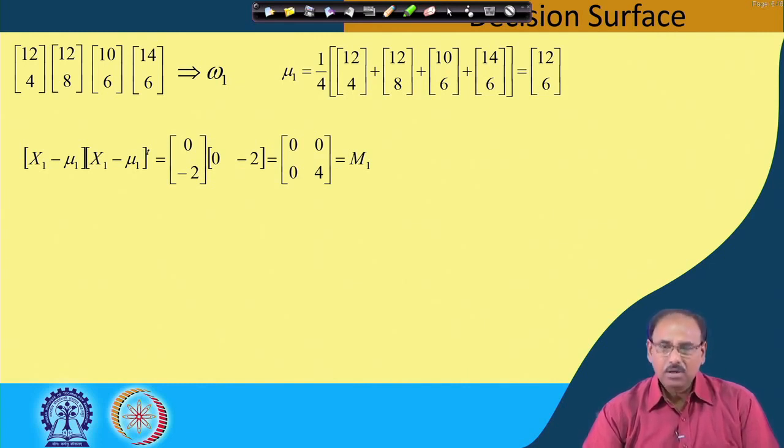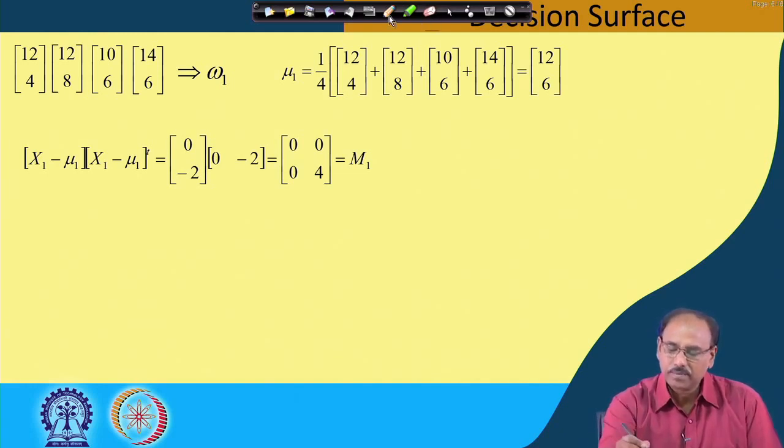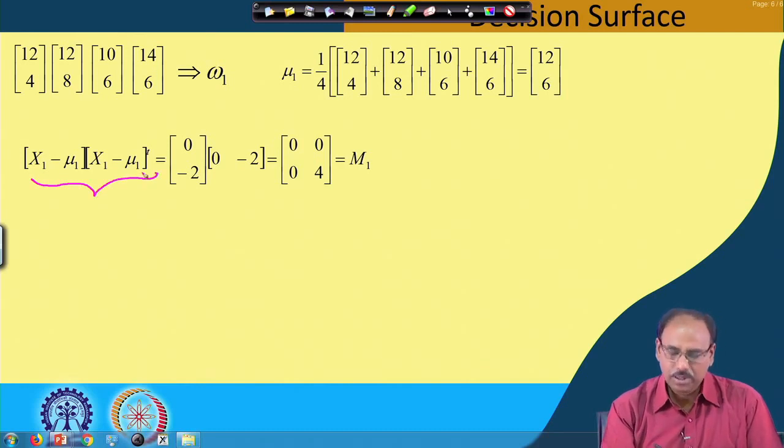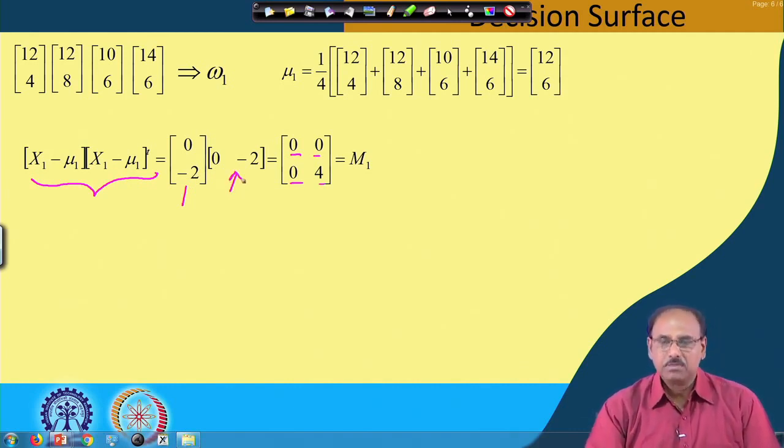So, a part of the partial covariance matrix, (x minus mu 1) into (x minus mu 1) transpose, becomes [0 0; 0 4]. Here, (0, minus 2) as a column vector is my x minus mu 1, and (0, minus 2) as a row vector is its transpose.